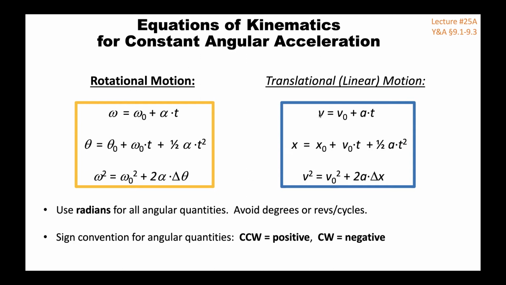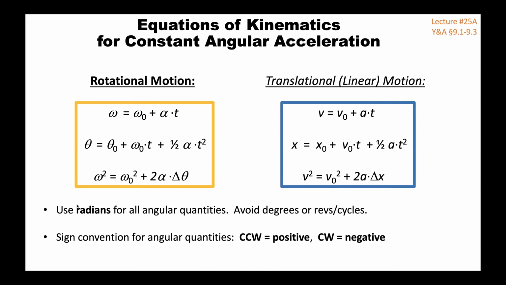Wherever you see velocity, substitute in angular velocity. And wherever you see acceleration, substitute in angular acceleration. So in other words, just add the word angular in front of each of these things and then replace the variable by the rotational variable that goes by that same name. The one variable that needs no replacement is time, because time is the same for linear or translational motion as it is for rotational.